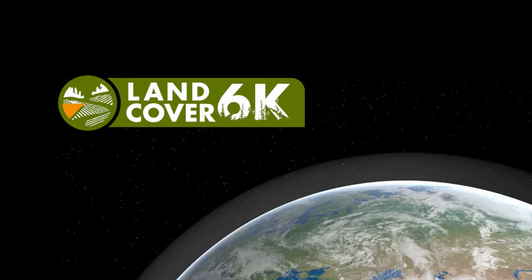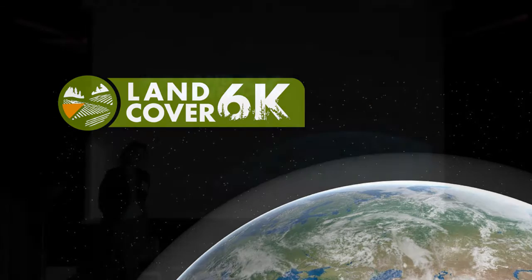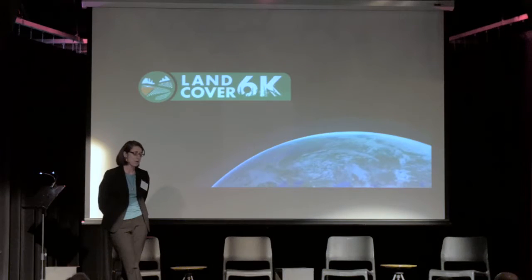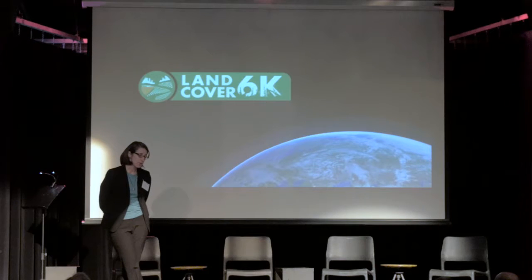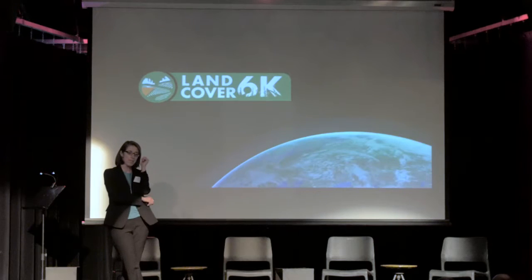So I began work co-directing an international scientific working group called Land Cover 6K, which is, as I think I told the reporter who asked about it, an insanely ambitious effort to document not only vegetation change for the last 10,000 years for the globe, primarily by looking at pollen analysis as a proxy record of past vegetation.